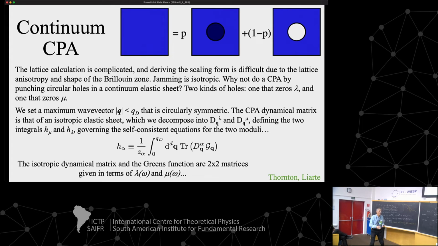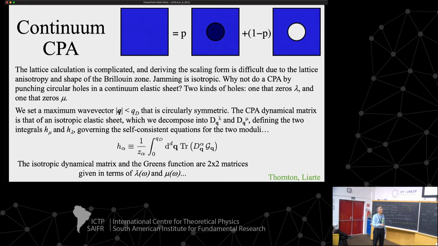G is the inverse matrix of D minus omega squared times the identity matrix, okay? And our boring average material is going to be the standard isotropic Green's function and the standard isotropic dynamical matrix of an isotropic material. So we can just write down formulas for all those things.